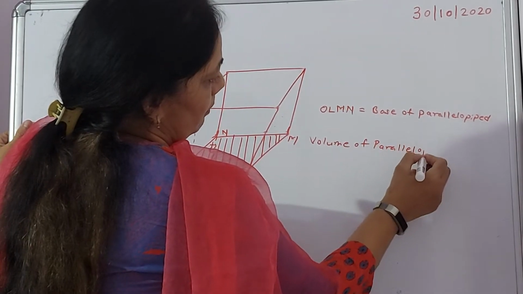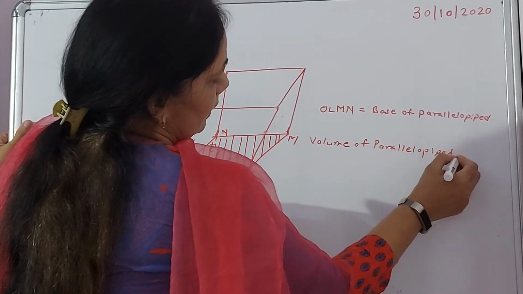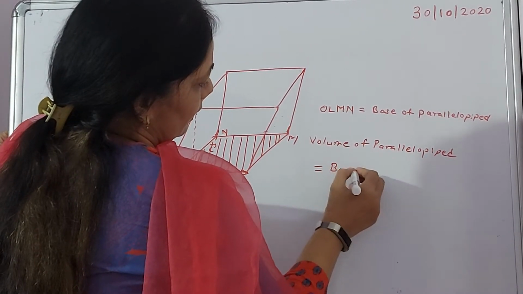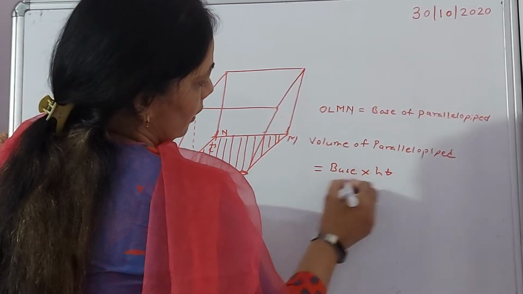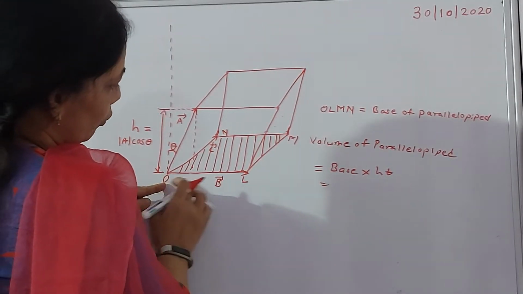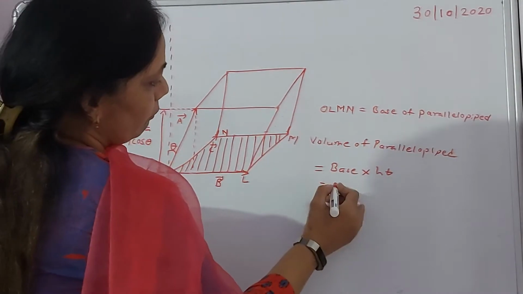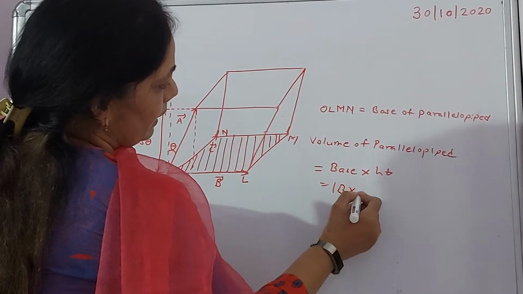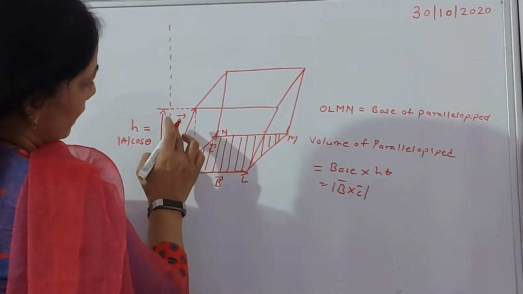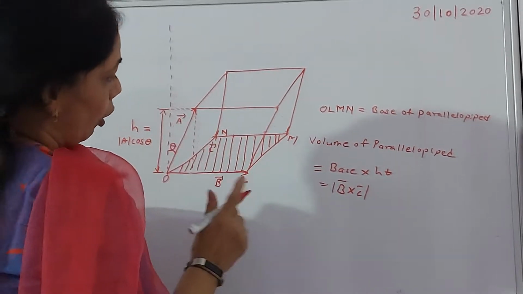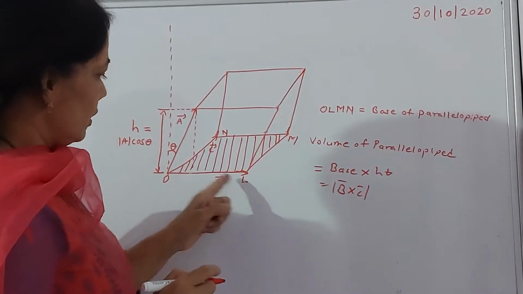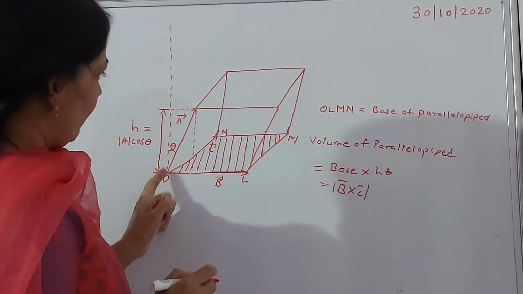Volume of the parallelepiped is equal to base into height. What is the base? It is given by the plane OLMN, which has vector B and vector C. Vector B is here, vector C is here, vector A is over here. All are starting from the same origin O.